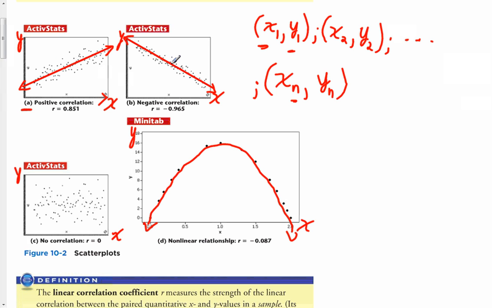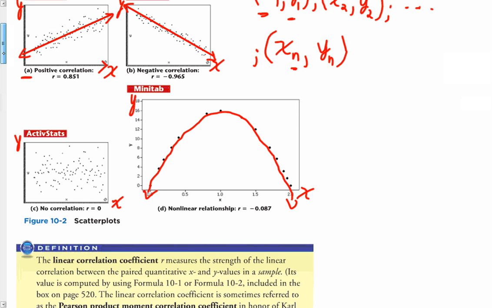Here's the one with the negative slope, a negative correlation. And this would be more of a quadratic correlation, a parabola. Now, in this course, we're only going to be looking at the linear correlations. So we're only going to be looking at ordered pairs that can be modeled by straight lines.